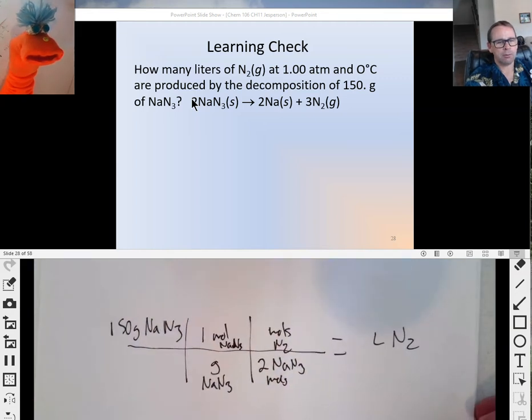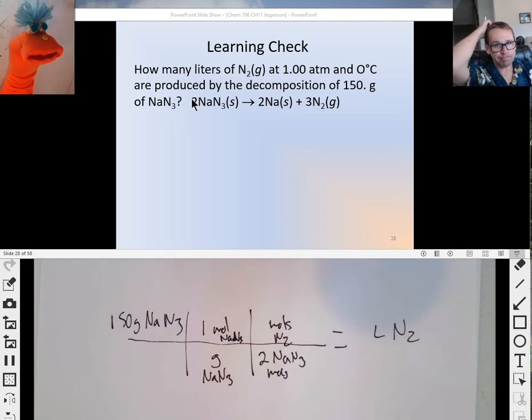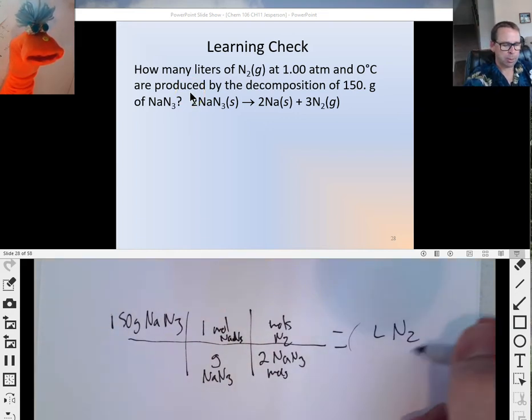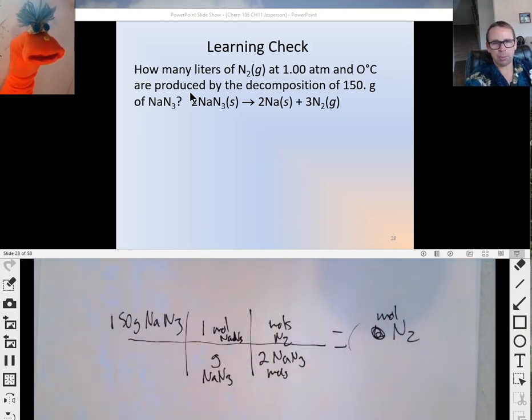And for every mole of nitrogen that I have, I can identify how many liters of nitrogen. In fact, I think it's going to be easier for me to just stop at moles. And then once I stop at moles, I can use my understanding of standard temperature and pressure, right?